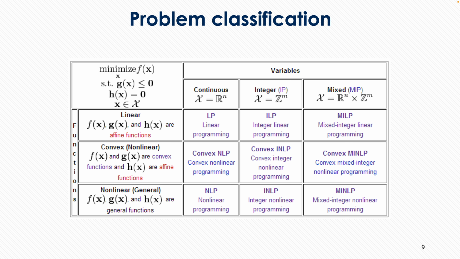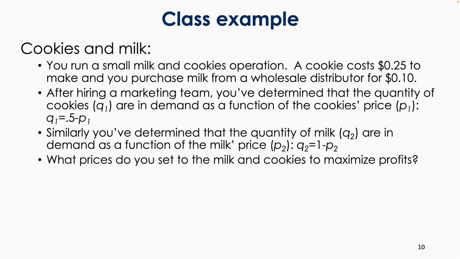So let's do a little example here. You run a milk and cookies operation. A cookie costs 25 cents to make, and you purchase milk from a wholesale distributor for 10 cents. After you've hired a marketing team, you've determined that the quantity of cookies, which we'll call Q1, in demand is a function of the cookie's price.